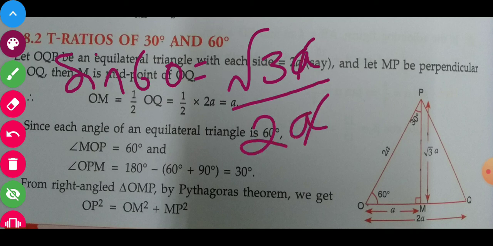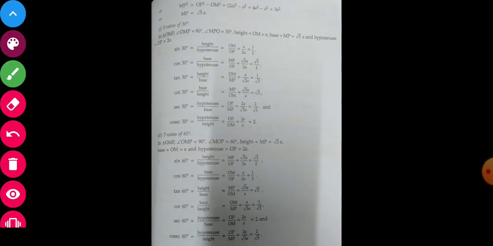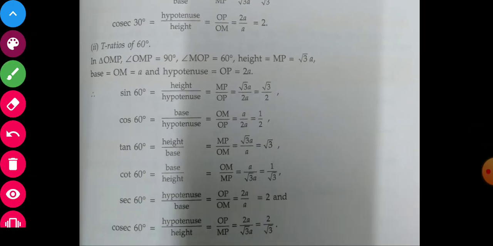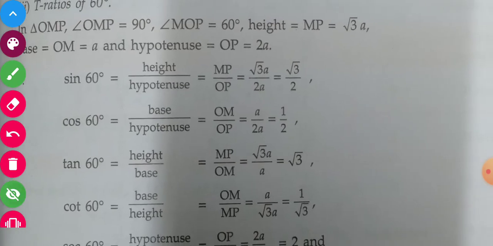So a cancels out. This is root 3 by 2. Okay, so my sine 60 is root 3 by 2. Clear? So let us see here what they have got. Sine is height upon hypotenuse, we substituted that value. a and a cancel out and you are left with root 3 by 2.